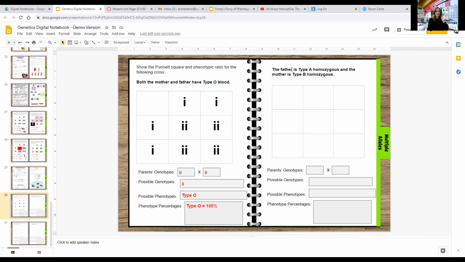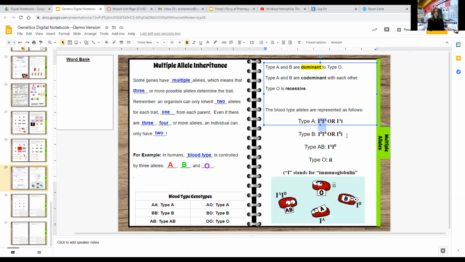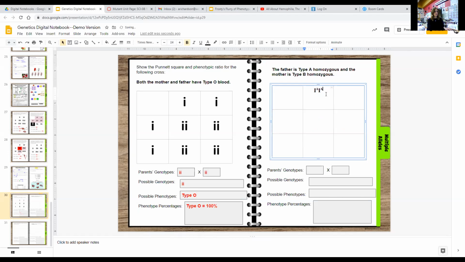So the father is type A homozygous and mom is type B homozygous. Remember, homo means same. So that means it's going to be this one right here, this IA. Okay, because they're both the same. So I'm going to go IA, and I'm going to make these superscript.